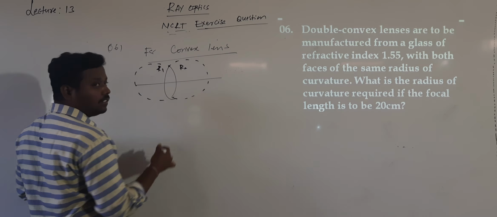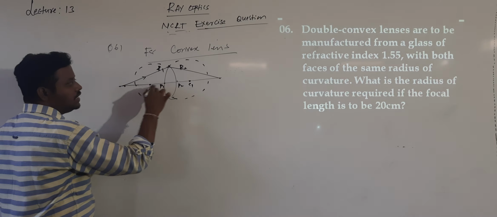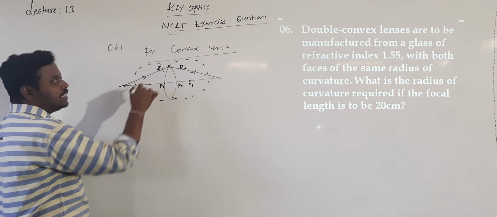If I call the center of curvature of this one C1 and the center of curvature of this one C2, and the poles P1 and P2, then if I keep the object here, the light rays are incident here and the image is formed here. This is the direction of the incident ray. As per the sign convention, P1C1 is plus R1.